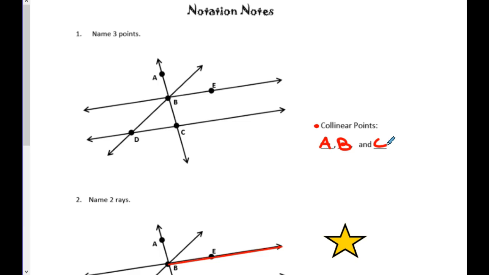DE is collinear. Is CE collinear? Yes, only because collinear means you could draw a straight line through them. 2 points are always collinear, but in this case, the only 3 collinear points are ABC. Is everyone good on that?